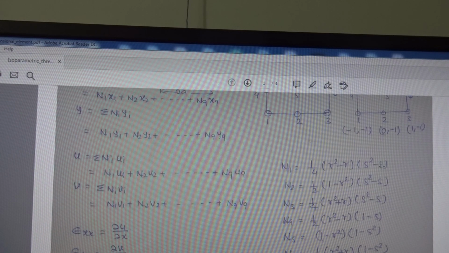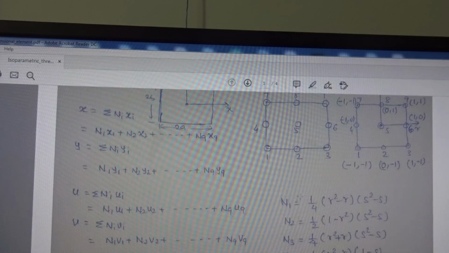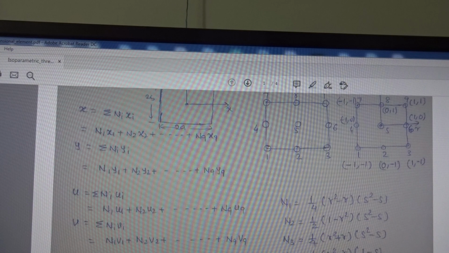When you substitute the coordinates of node 1, -1, -1, you get N1 equal to 1, and the values of the other shape functions at this point become 0. Similarly, for N2, when you substitute the values 0 and -1, you get N2 equal to 1, and the rest of the shape functions become 0.